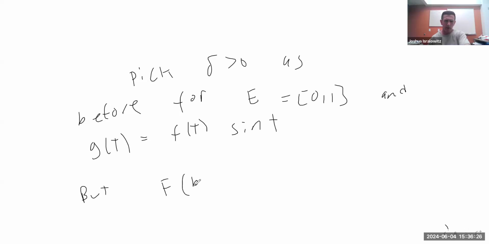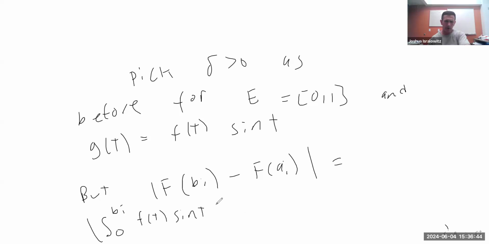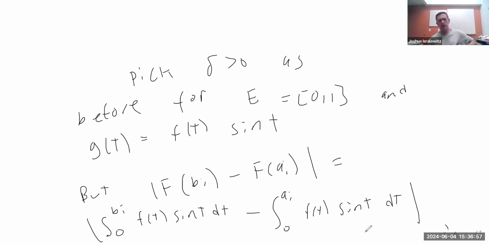So let's just see what this is. The absolute value of the integral from 0 to b_i minus the integral from 0 to a_i.